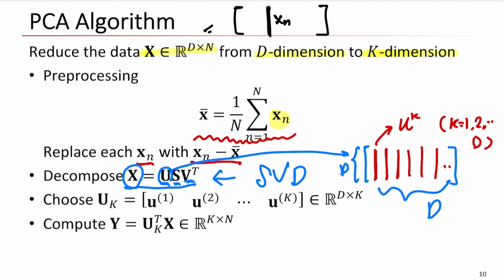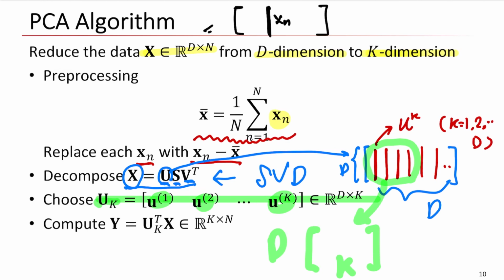What PCA does is extract the first few vectors from the original U matrix. Let's extract u1, u2 through uk, large K. Then this matrix will be T by K, and let's call it large UK.